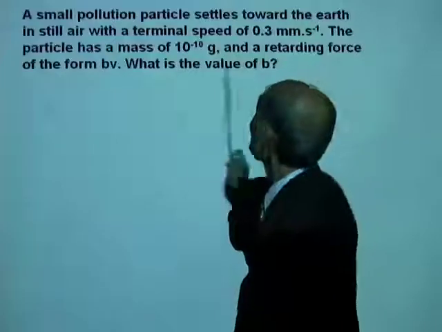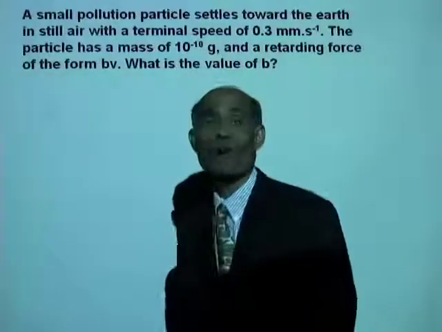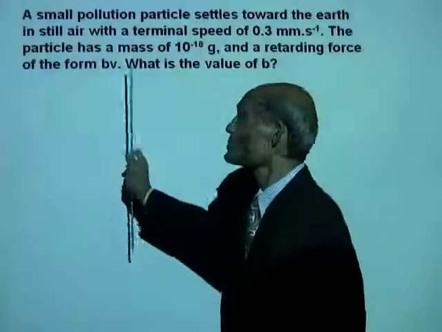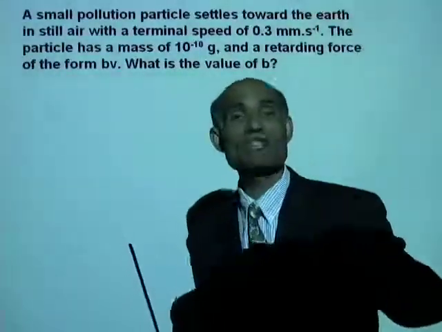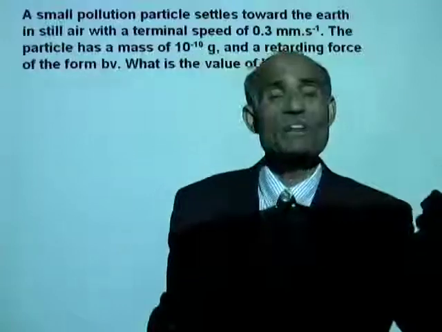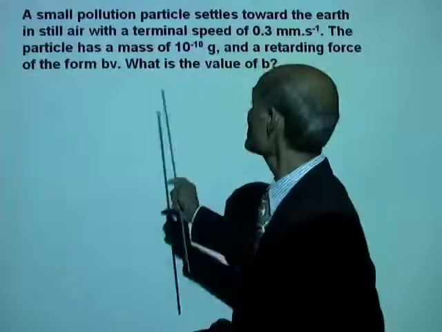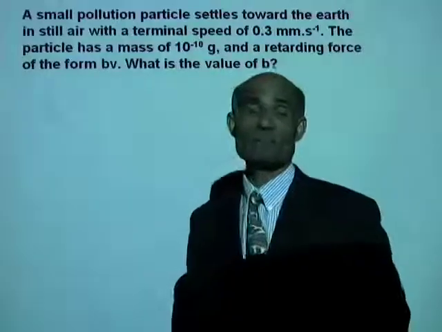And the retarding force is of the form bv. Retarding force is of the form bv, means the retarding force or the drag force equals bv. What is the value of b?